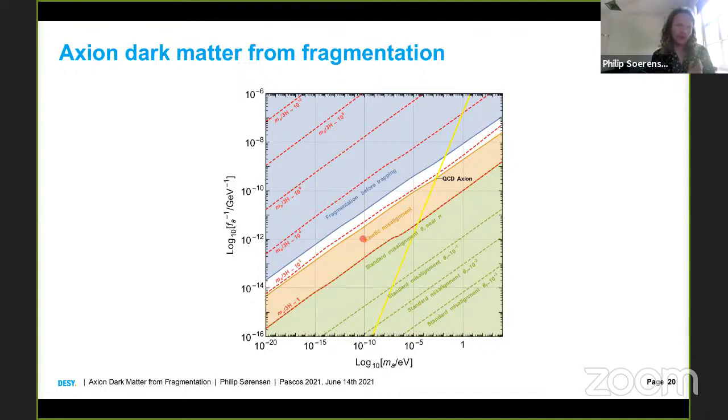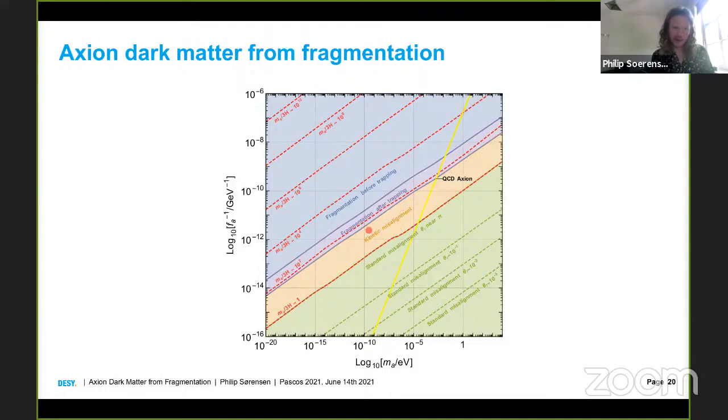So you actually end up having a regime here where fluctuations can grow even after trapping. So you really have fragmentation eating into the kinetic misalignment space here. So all of this here is now produced by fragmentation.